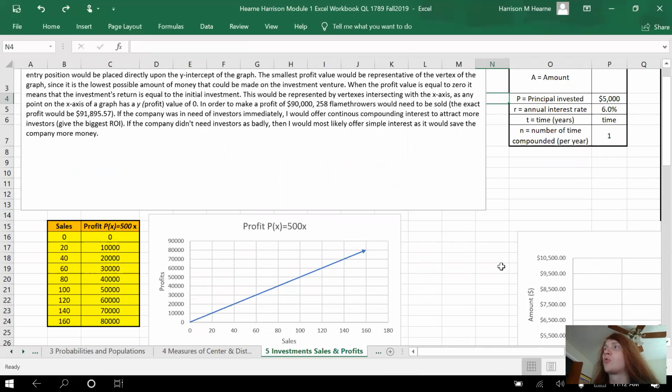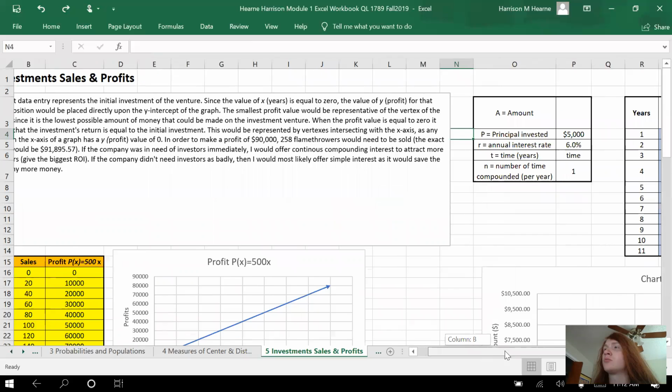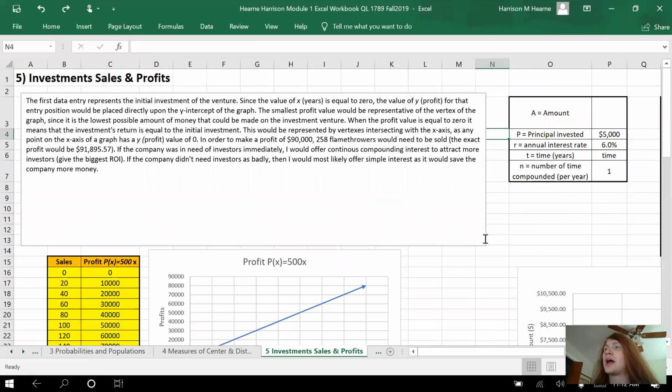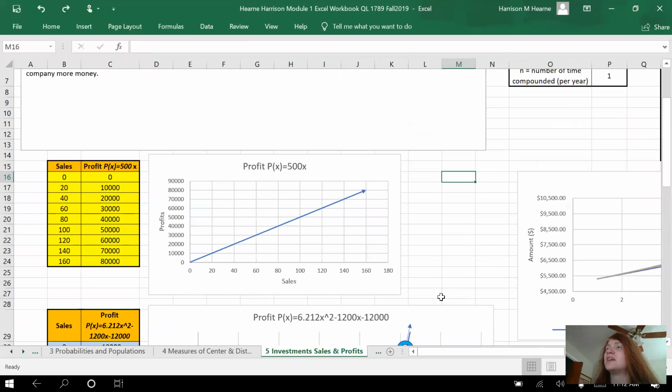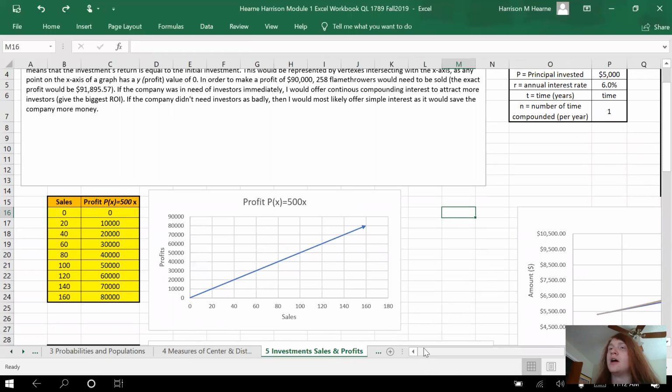So for this, we were looking at a variety of different ways to calculate profits and investments. The company that we used for this exercise was Elon Musk's Boring Company, which was selling flamethrowers to be able to fund other ventures of his.